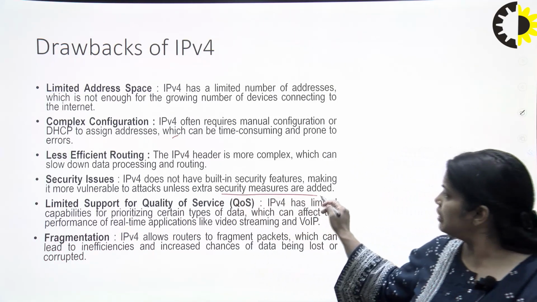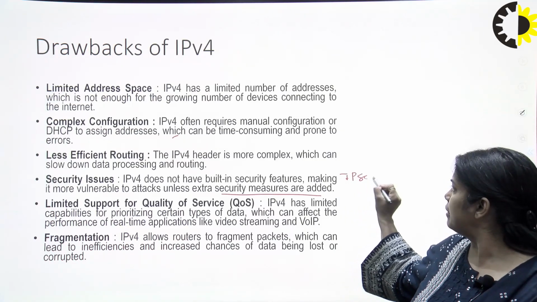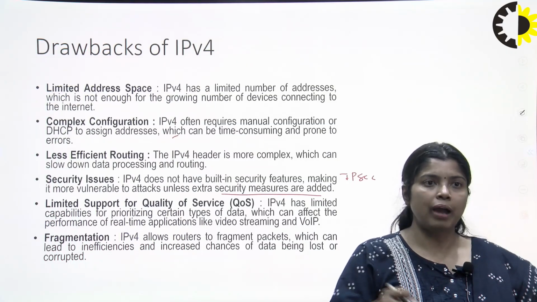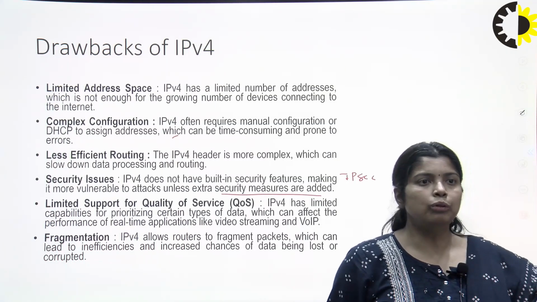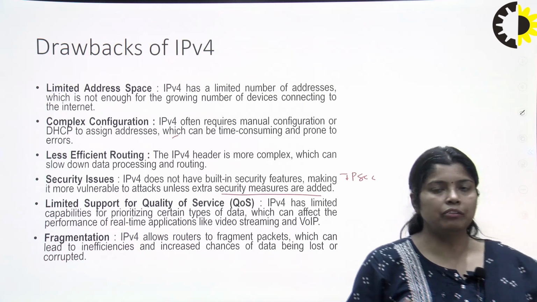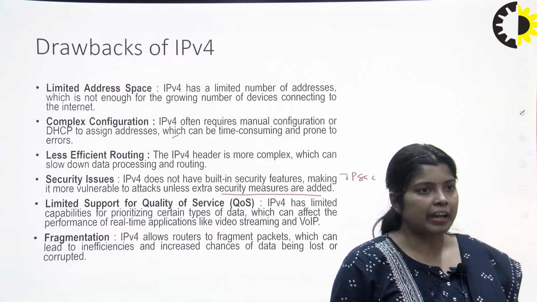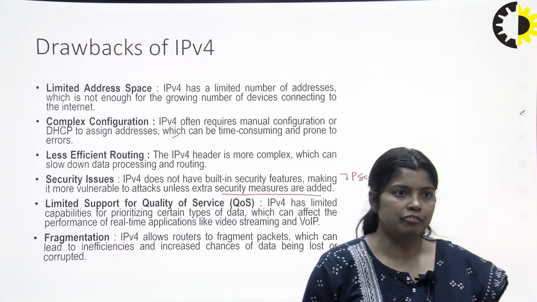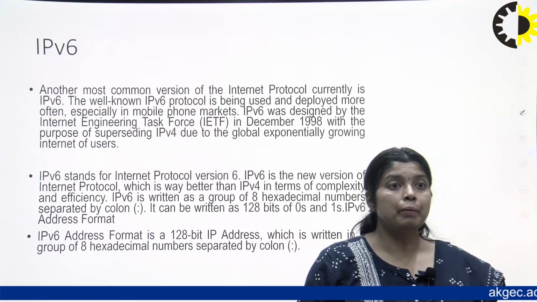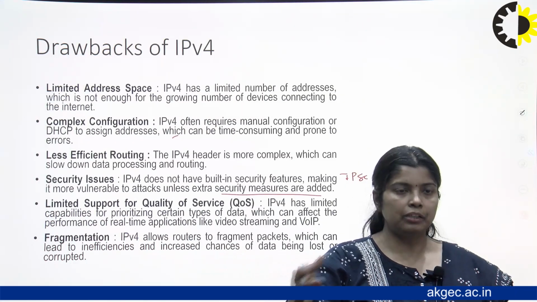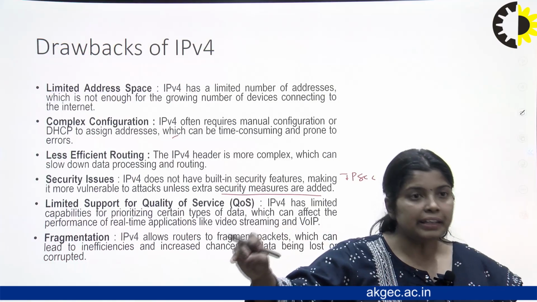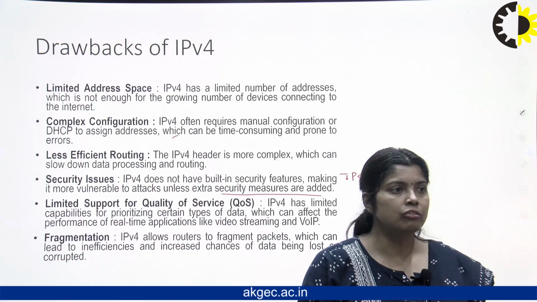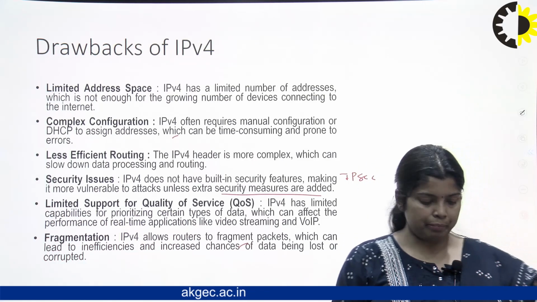Security issues we can solve by using IPsec, but it is not already implemented in IP version 4, so you have to add IPsec. There is also a limitation of quality of service. Fragmentation is also a challenge in IP version 4 packets, because fragmented packets may be damaged or lost, or a lost acknowledgement may occur. So there is a challenge of fragmentation.